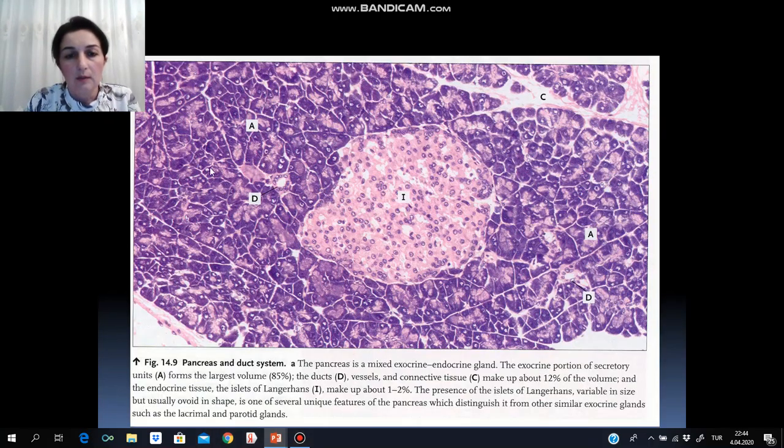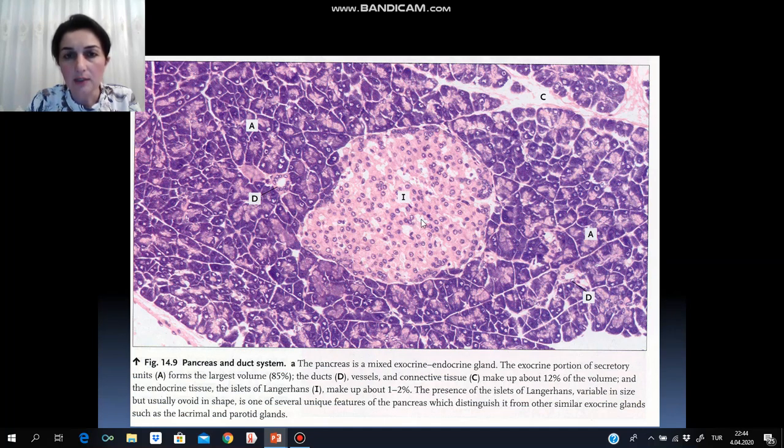Then we come to the endocrine portion of the pancreas, that is the islet of Langerhans, which is located inside of the gland between the exocrine portions, and these islets are surrounded by a network of reticular fibers.